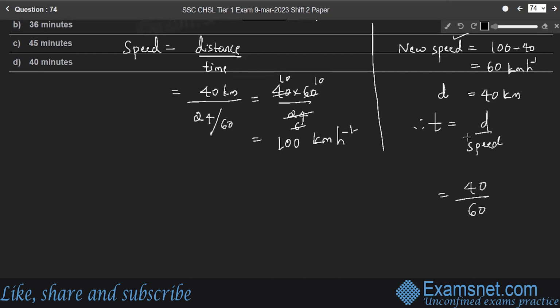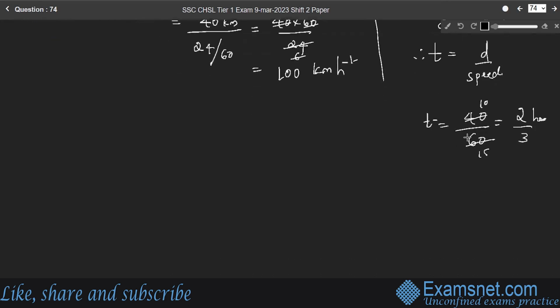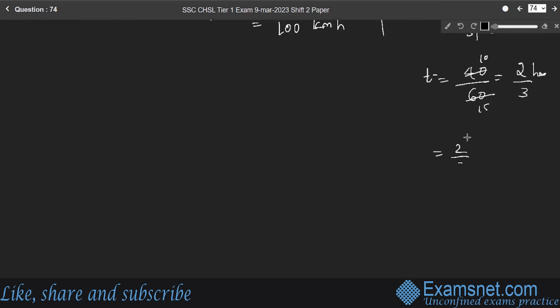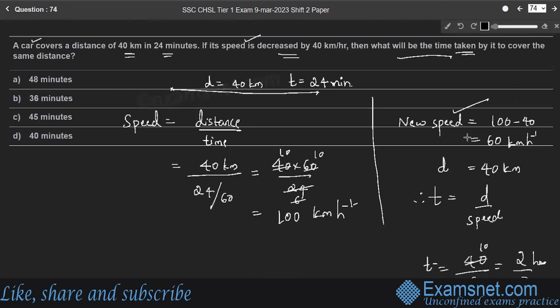Therefore, it is 40 by 60, so 10 by 15 or 2 by 3. So time is 2 by 3 hours. Right? In terms of minutes, it is 2 by 3 into 60. So it is 40 minutes. Therefore, the car takes 40 minutes, option D.